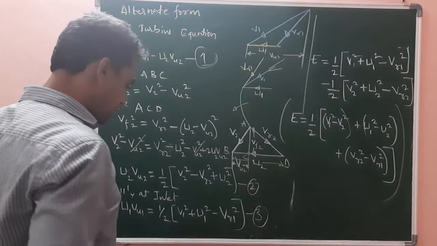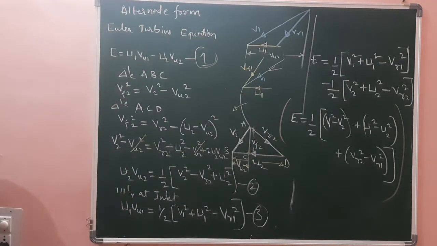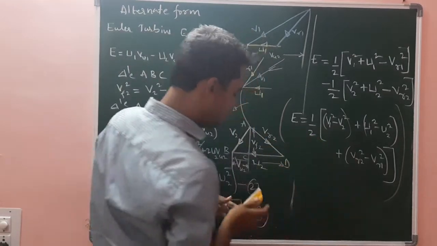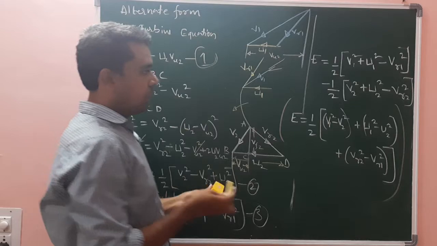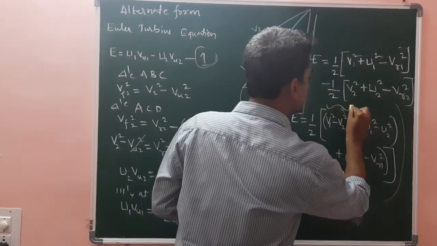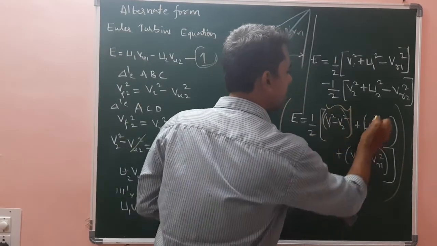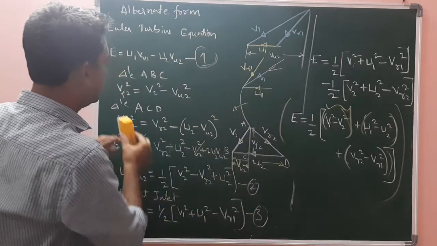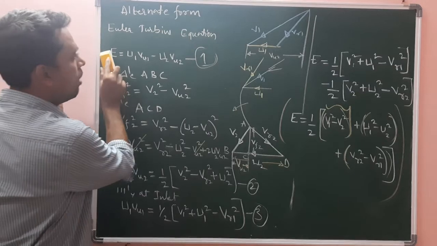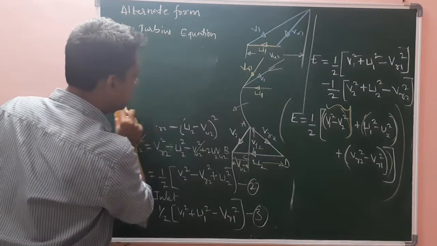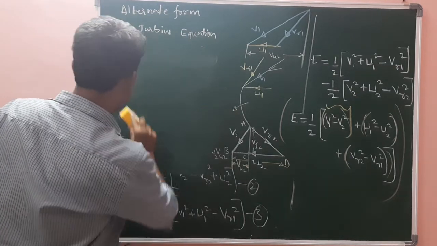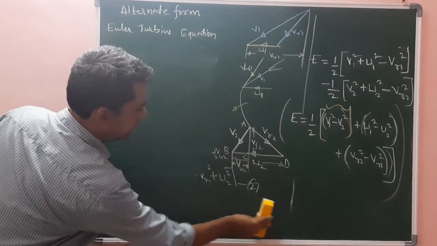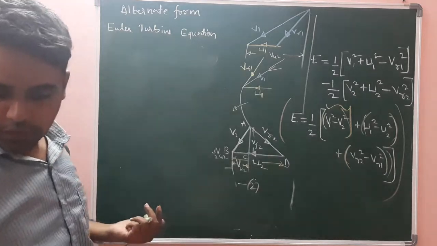I will write the equation once again here, because in this equation there are three terms, three bits, and all three have some importance and significance. This is the first bracket, the second bracket, and the third bracket. I will write the alternate form of Euler turbine equation and explain the significance of each term.